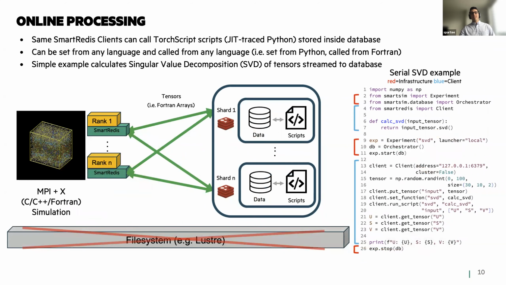So online processing, I gave a simple example over to the right. I won't go into that example too much because I don't think I have the time in a 50-minute talk. But what you can see is actually the red, like the little red outlined code. That's part of the infrastructure library that actually spins up that machine learning infrastructure.